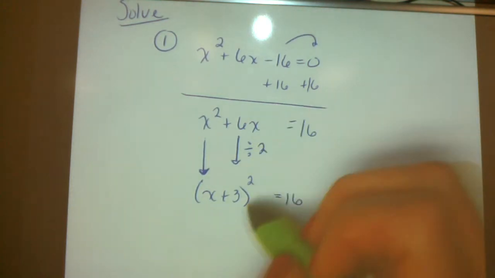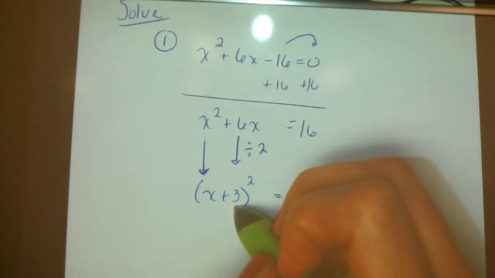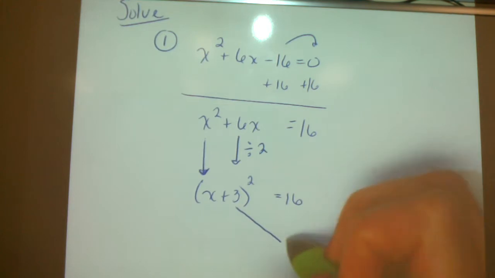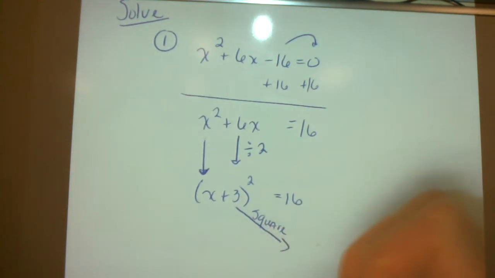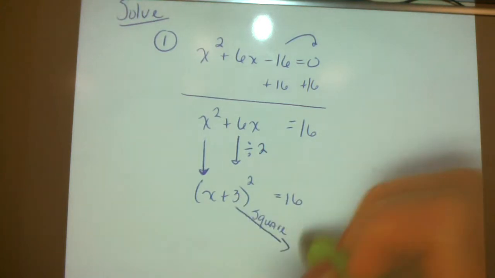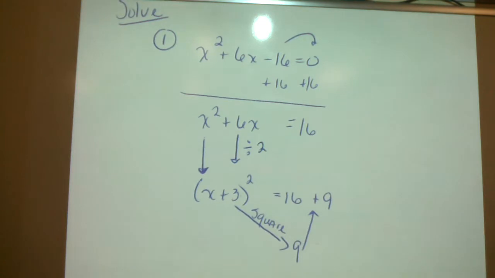Now I'm going to take this number and square it. Three squared is 9. I'm going to take that 9 and add it here. So take half, square, add it to the other side.